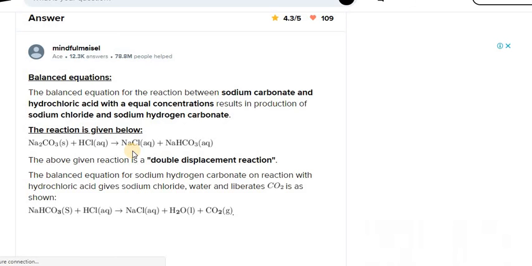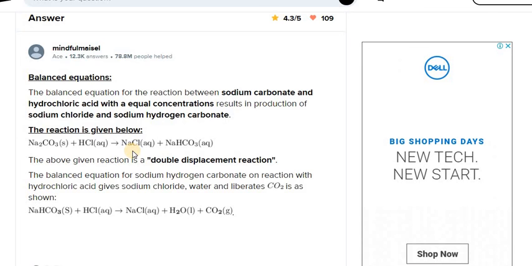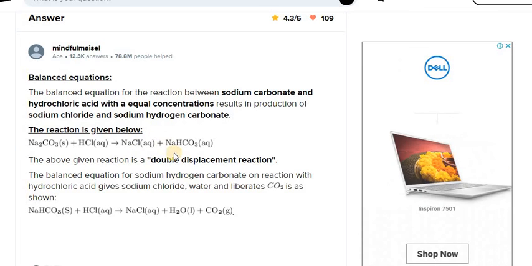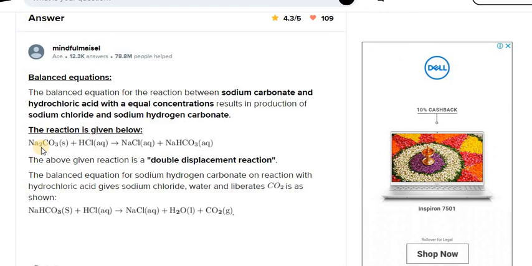If asked in the exam to write the type of reaction, then this is a double displacement reaction, because here you can see that Na is displaced from Na2CO3. The H comes over here and this Na comes over here. So H and Na are both displaced with each other to form NaCl and NaHCO3.